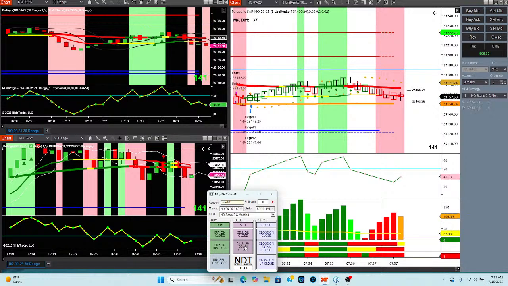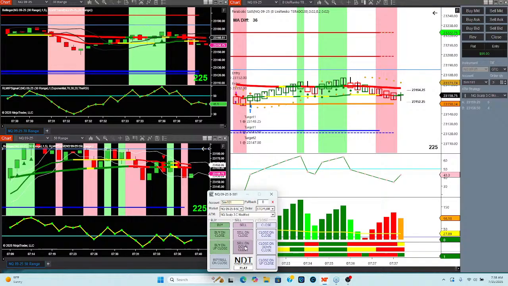What I like about the NDT a lot is I can do something like a sell on down close, and I can place it there. And if it closes, it potentially could do that little run for me that I'm looking for, versus just a buy and a sell.